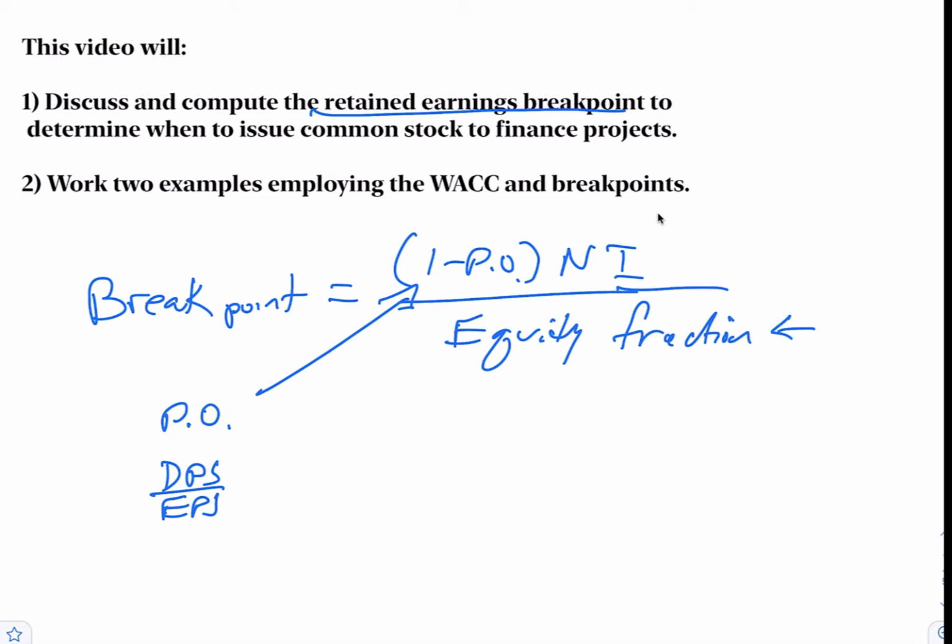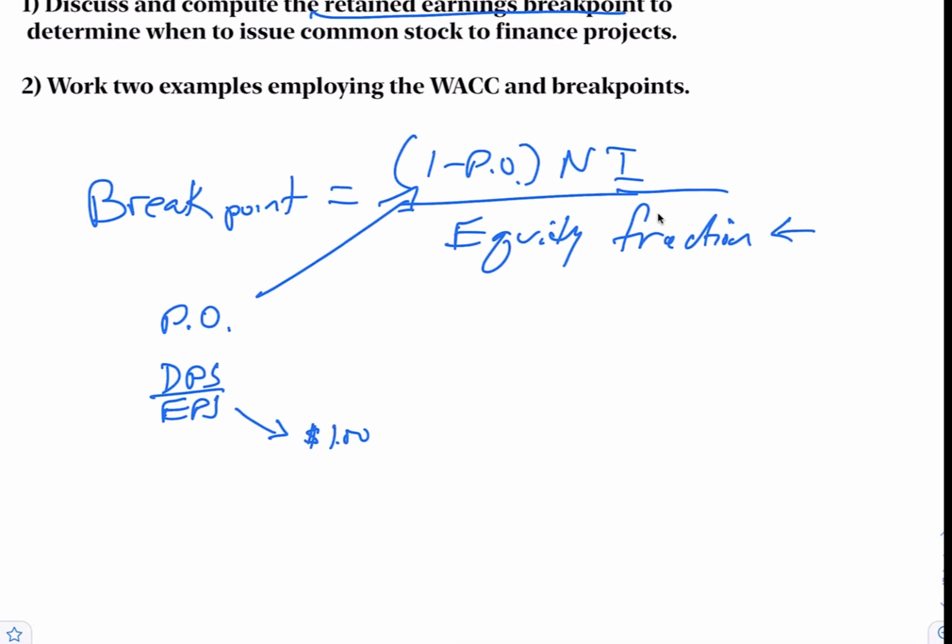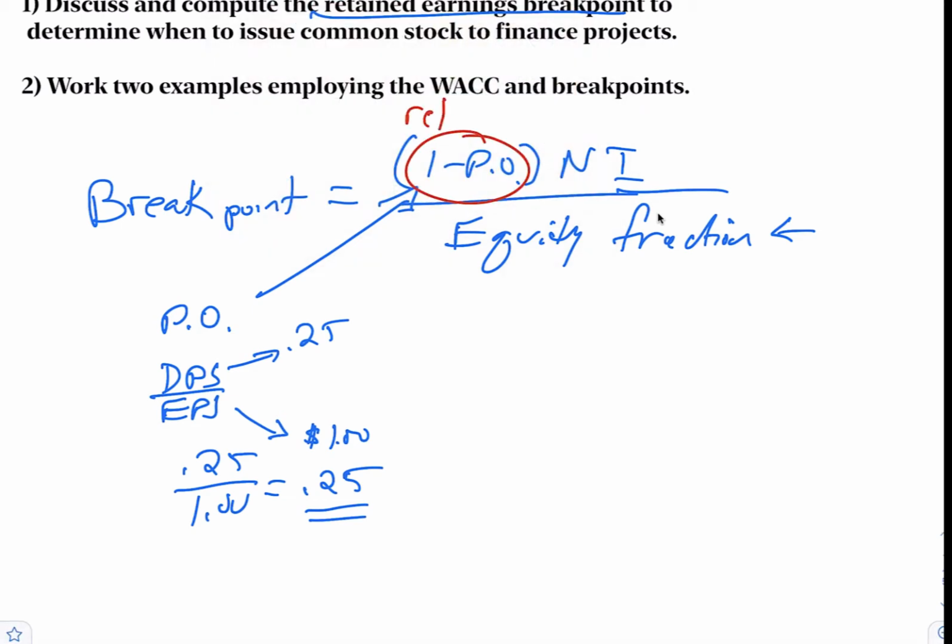So if your earnings per share are, let's say, $1, and you have dividends of 25 cents, then 25 cents divided by $1 means 0.25 is what you're paying out in terms of a dividend, 25% of your earnings, which means this must be your retention ratio.